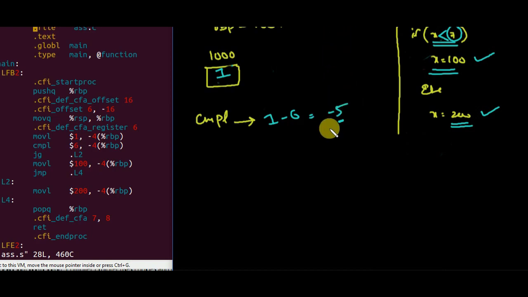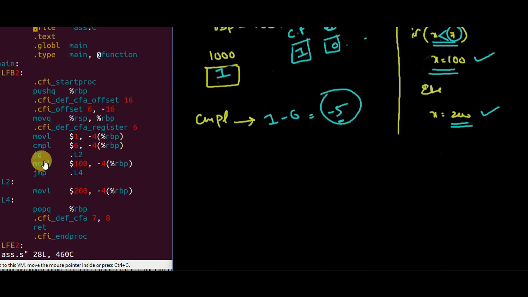According to this value, all the registers which are responsible will be set. For example, CF, the carry flag, will be set, the zero flag will be 0, and so on. By seeing all these registers, this will take a decision. Now we got the value as minus 5. Now see, jump if greater: is minus 5 greater than 0, true or false? It's false, right?